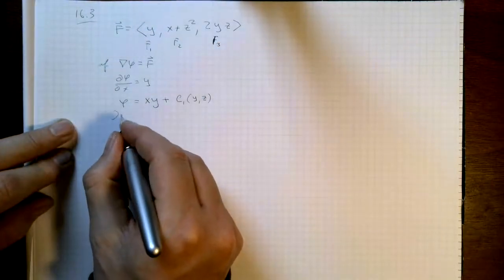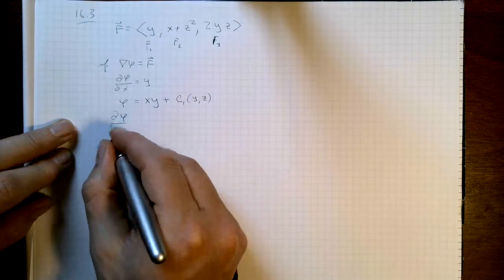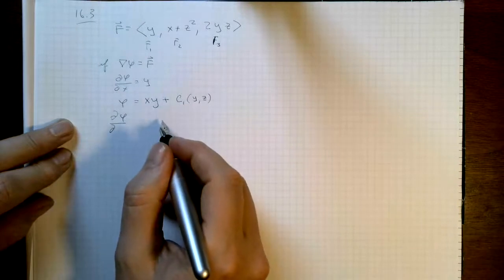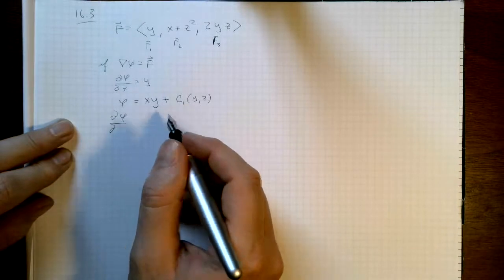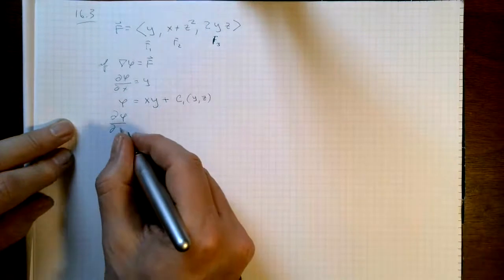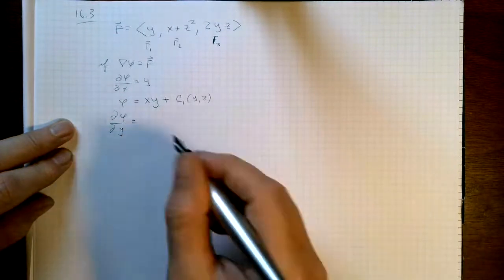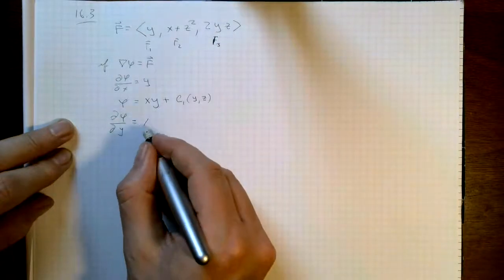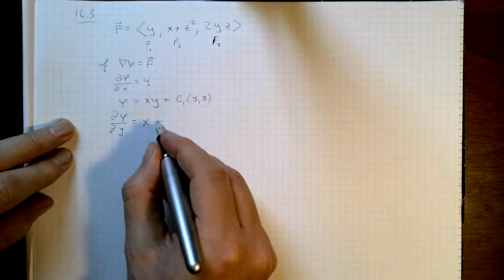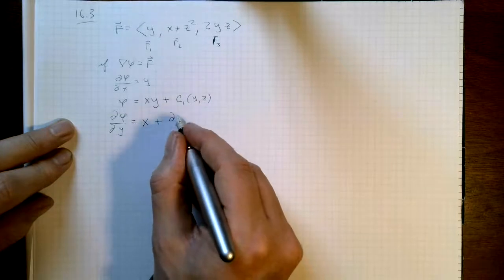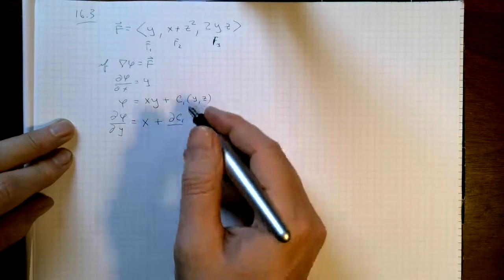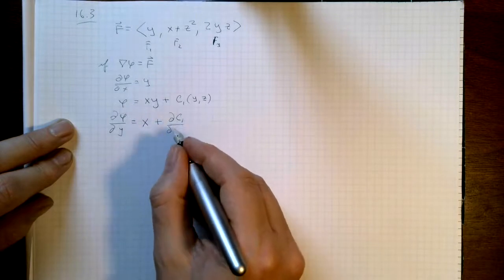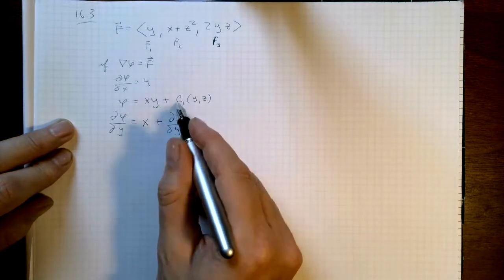So d phi dy is x plus whatever the y derivative of c1 would be.